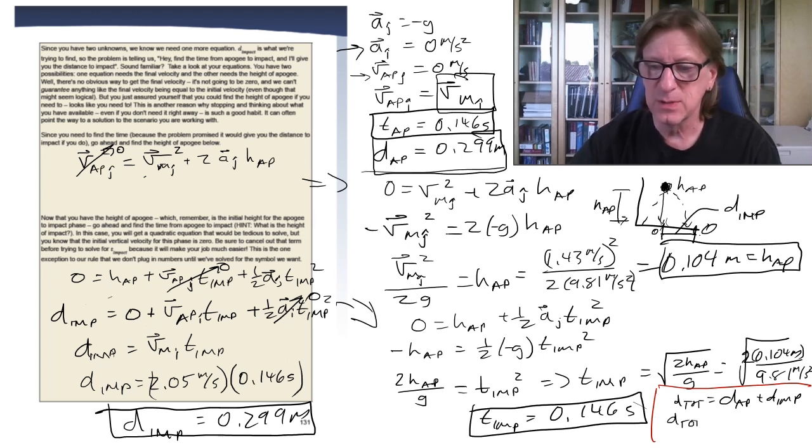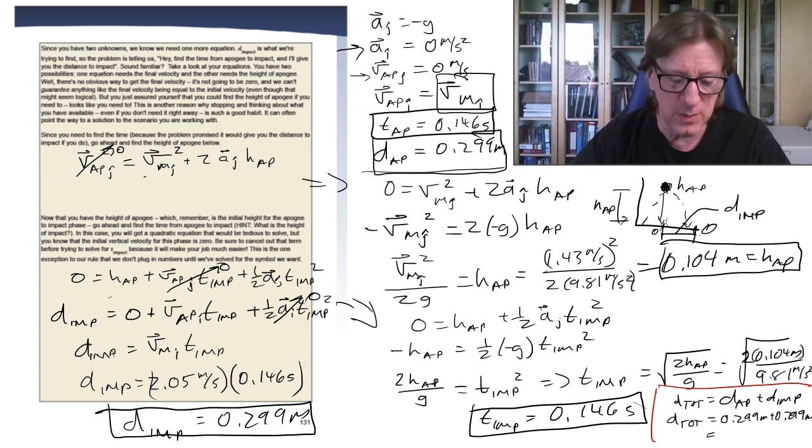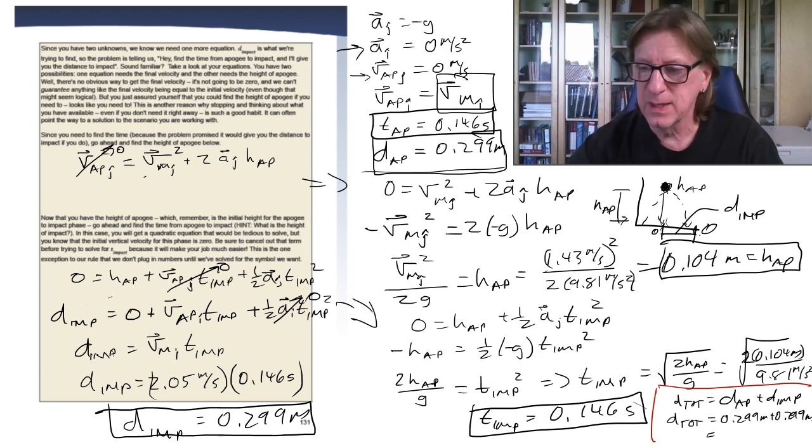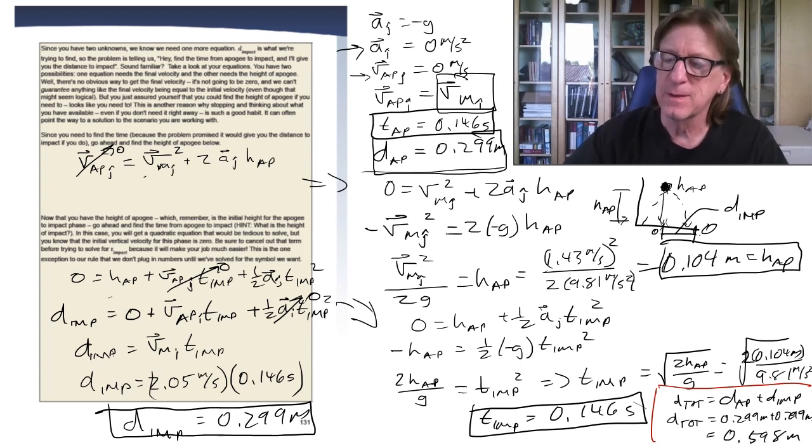D total is going to equal 0.299 meters plus 0.299 meters. We can put that in our calculator, 0.299 plus 0.299, and that's going to be 0.598 meters. So now finally, we have everything that we needed for that.